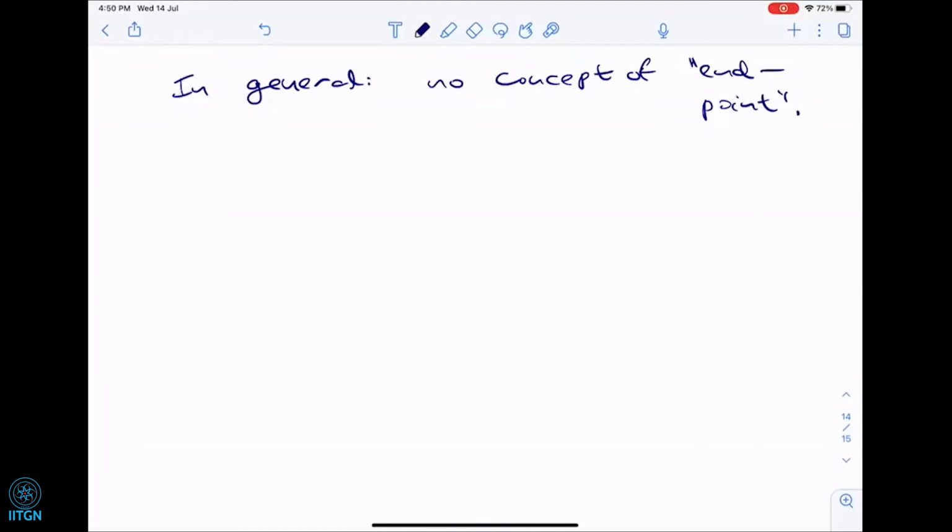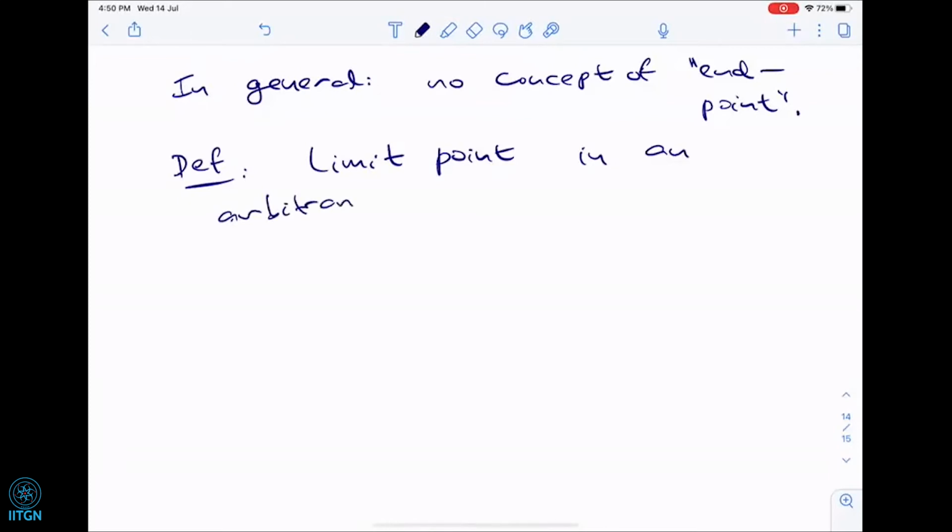Okay, so we are going to define the concept of a limit point. Now, confusion alert, this limit point will be defined in an arbitrary topological space, not in R or R2 or complex numbers, for goodness sake.